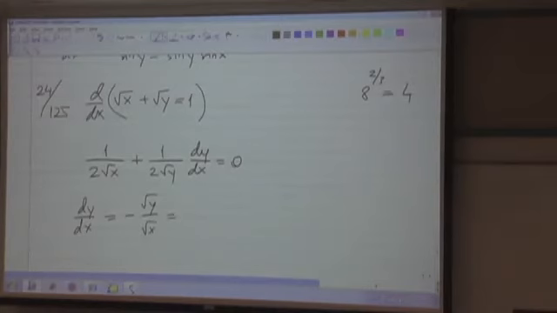Which is the same thing as... Should I leave it like this? Or should I write it as the square root of a fraction? The idea is from here that you have dy over dx times 1 over 2 times the square root of y is equal to minus 1 over 2 times the square root of x. And if you multiply by 2 times the square root of y on both sides, it gets on top.